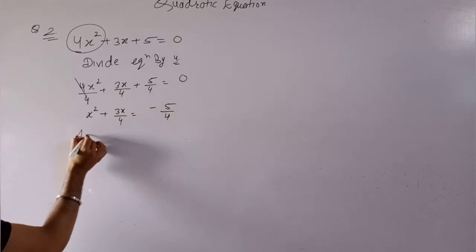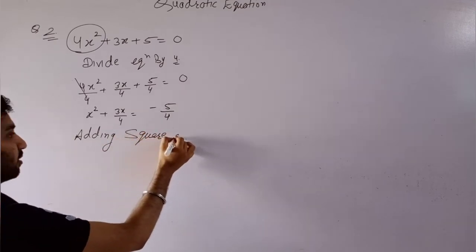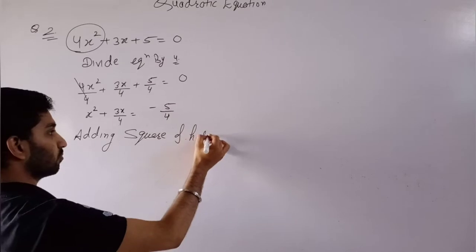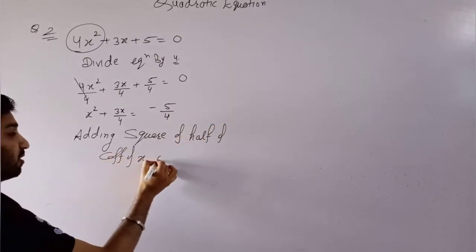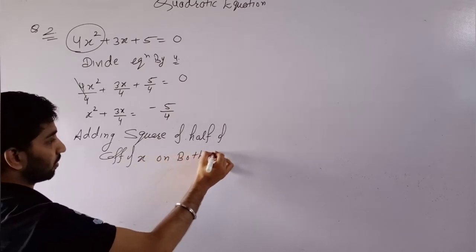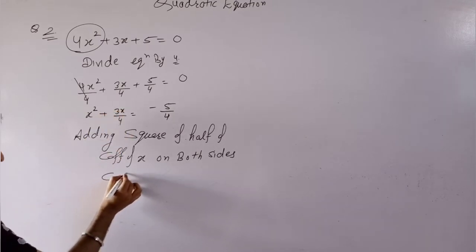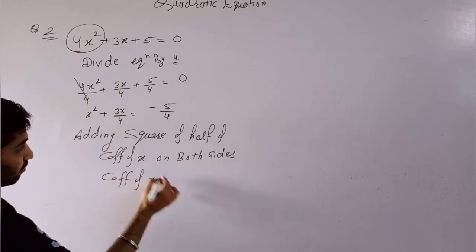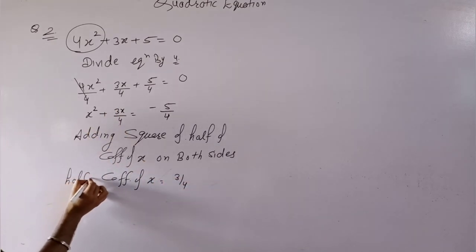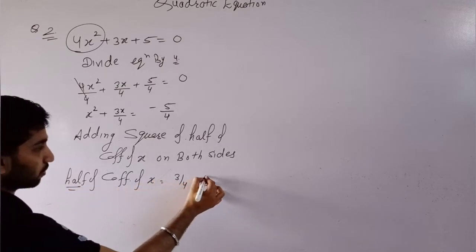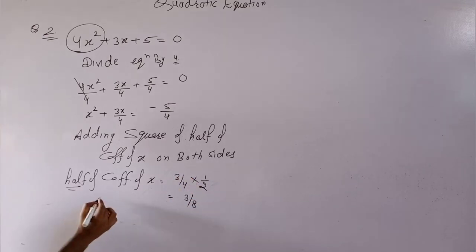Now our important step: adding the square of half of the coefficient of x on both sides. The coefficient of x in this equation is 3 by 4, and half means 1 by 2, multiplied with that gives 3 by 8.